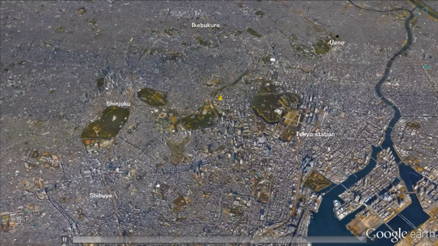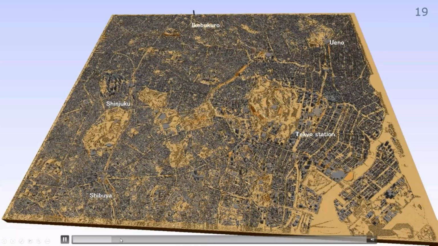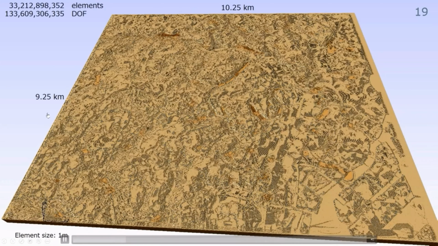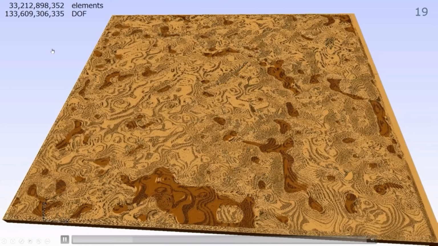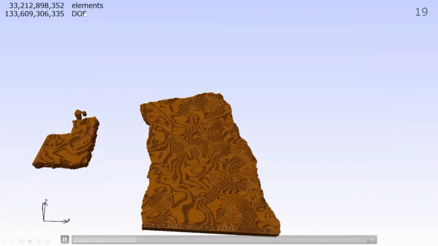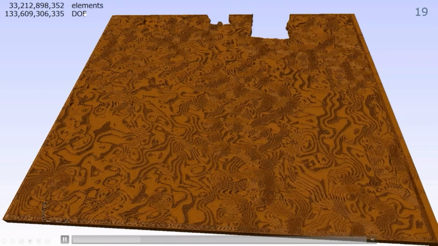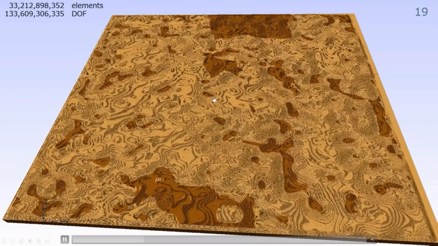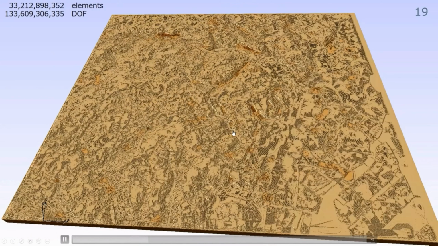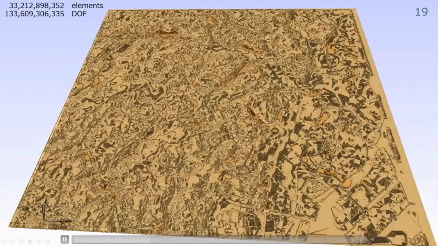This is the target area: the soil structure and the buildings, almost 10 kilometers by 10 kilometers. This is a 3D finite element model. Its distribution is huge. This 3D finite element model is automatically generated.